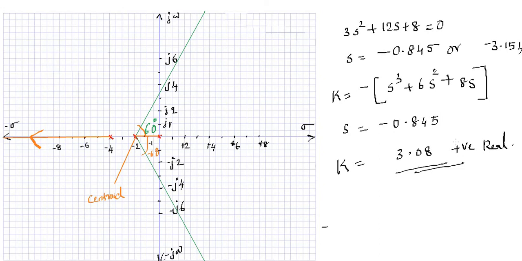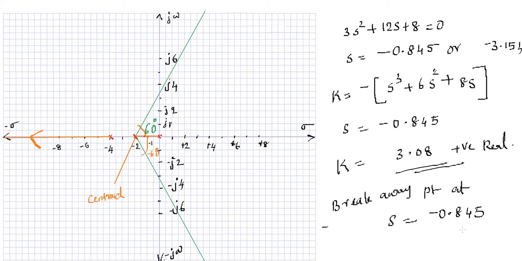Hence, the breakaway point is at s is equal to minus 0.845. Since we got a positive and real k value when we substitute it in the equation of k, the breakaway point is minus 0.845.